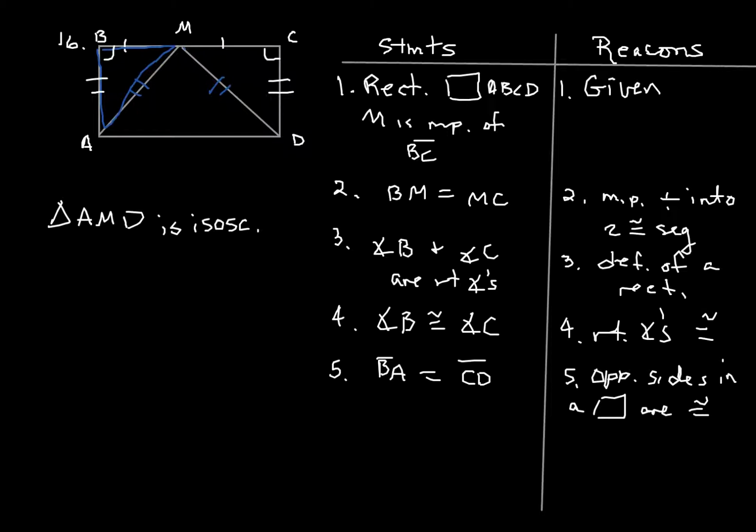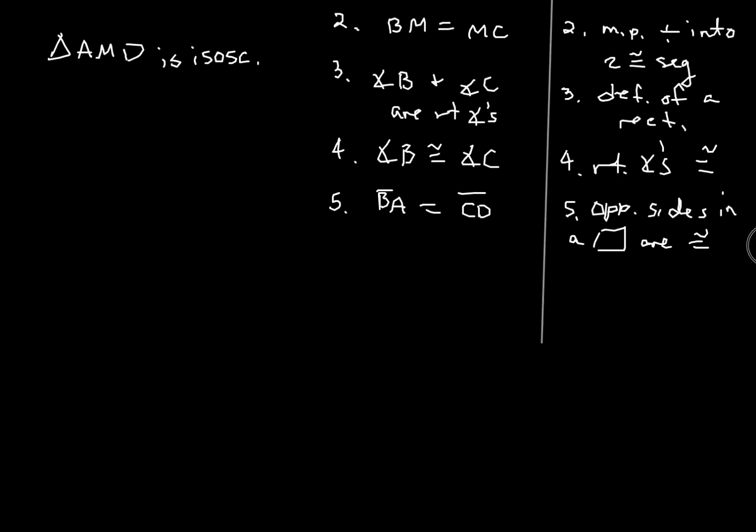All right, now the two triangles are congruent. So we're going to say triangle BMA is congruent to triangle CMD by side angle side.